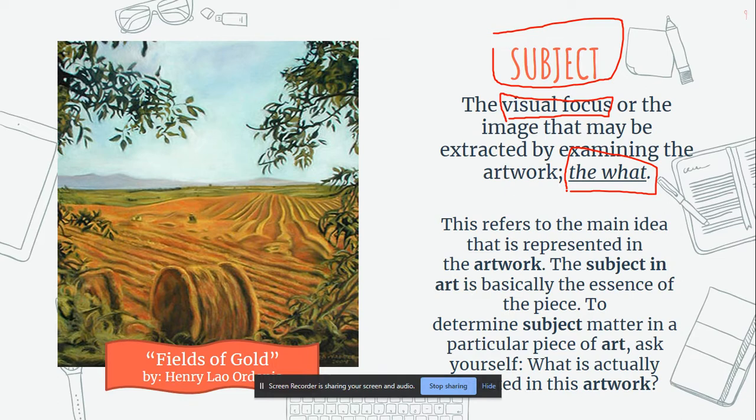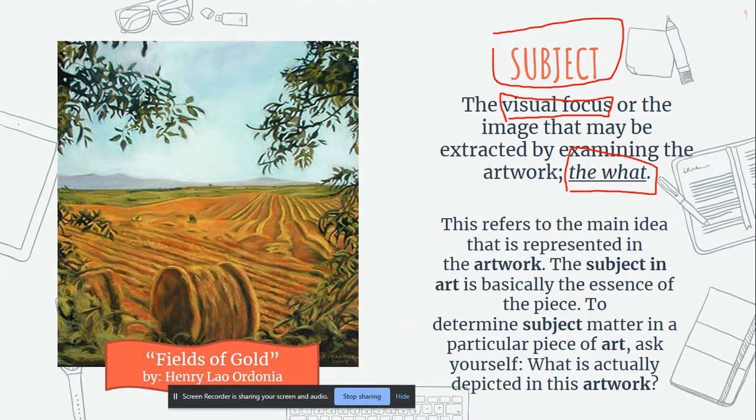The subject in art is basically the essence of the piece. To determine subject matter in a particular piece of art, you could ask yourself, what is actually depicted in this artwork? So, upon looking at its visual focus, you may be asking, what is depicted in the artwork?